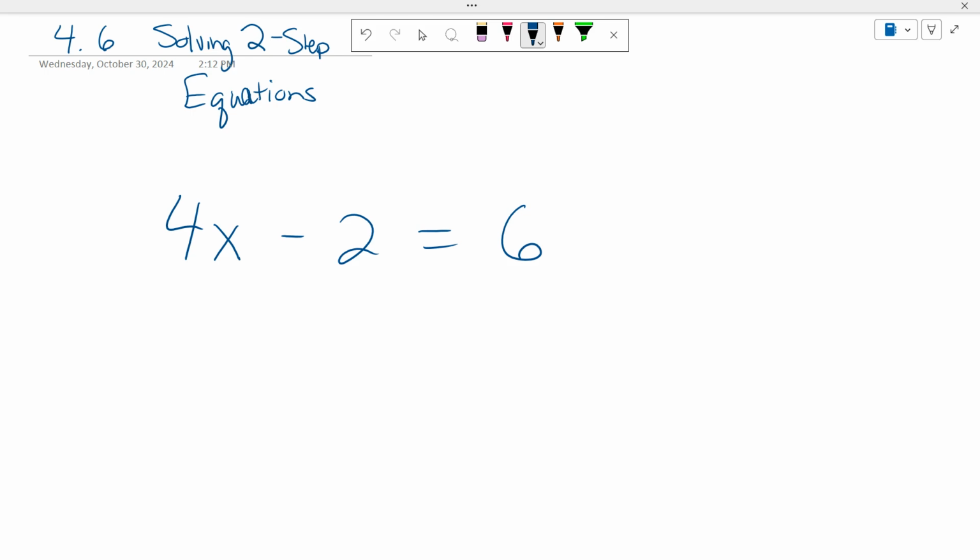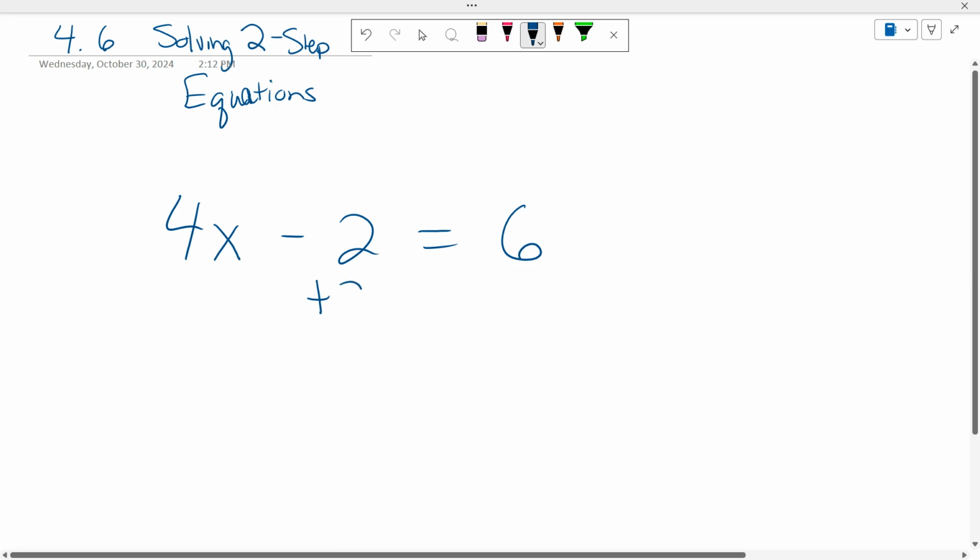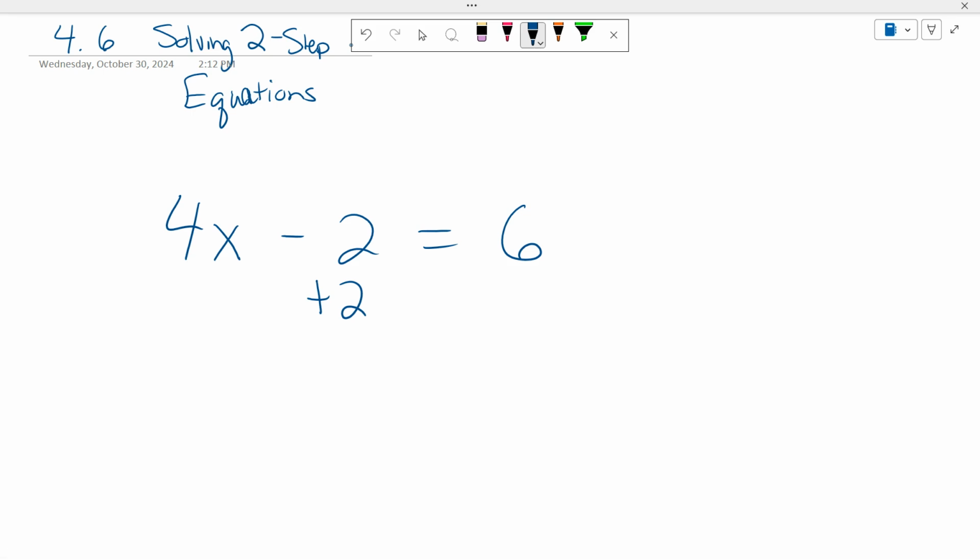Okay, so on this one, what will we do first? Divide by 4 or add 2? Wait. We're dividing? You have a choice, Blake. Divide by 4 or add 2. Which should we do first? We should add 2 because the x is over here being multiplied by 4. So we have to do what's less associated with it.